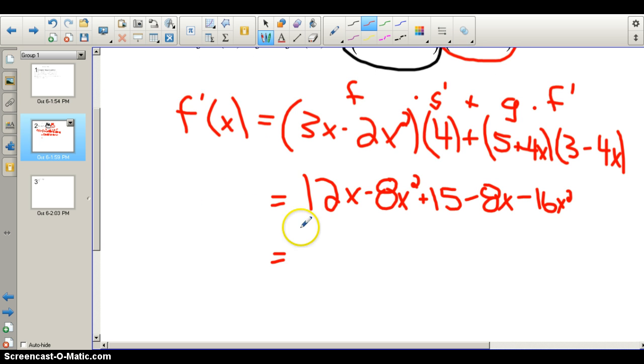So all said and done, we would have negative 24x squared plus 4x plus 15.